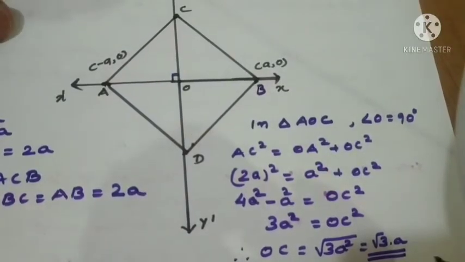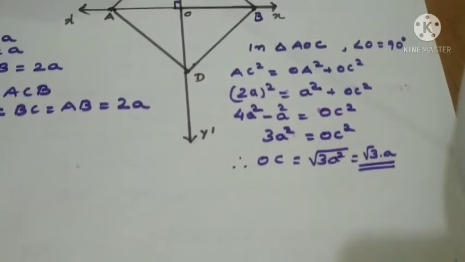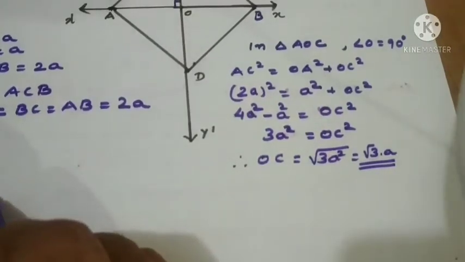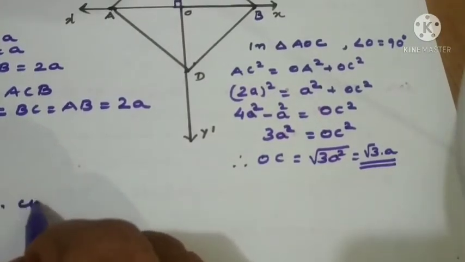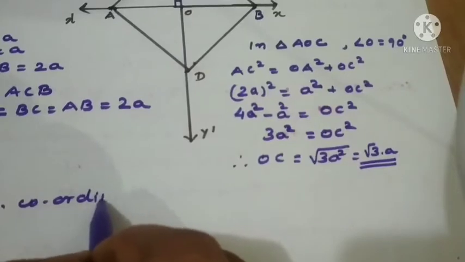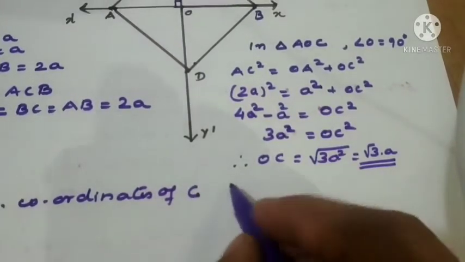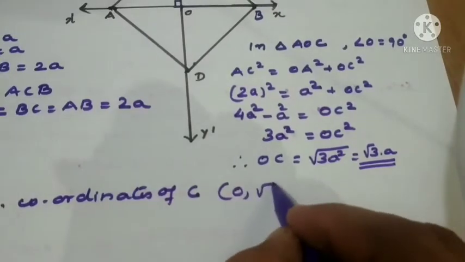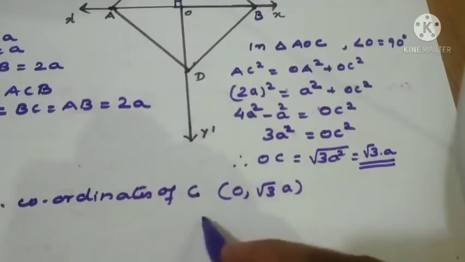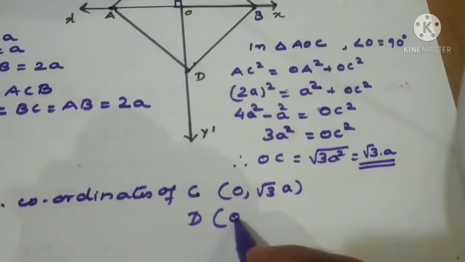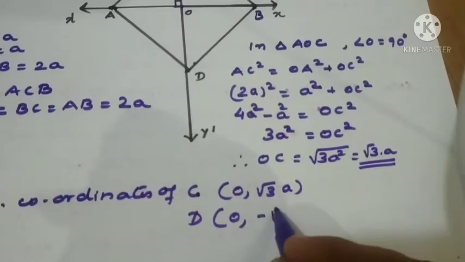Now we can write the coordinates. Therefore, the coordinate of C equal to 0 comma root 3A, and coordinate of D is 0 comma minus root 3A.